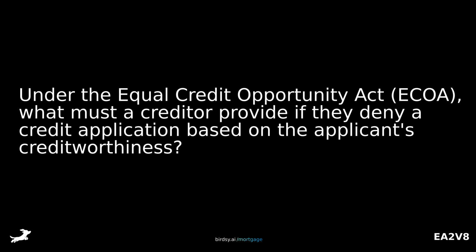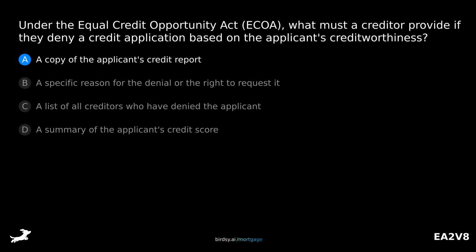Under the Equal Credit Opportunity Act, what must a creditor provide if they deny a credit application based on the applicant's creditworthiness? Is it A. A copy of the applicant's credit report, B. A specific reason for the denial or the right to request it, C. A list of all creditors who have denied the applicant, or D. A summary of the applicant's credit score?